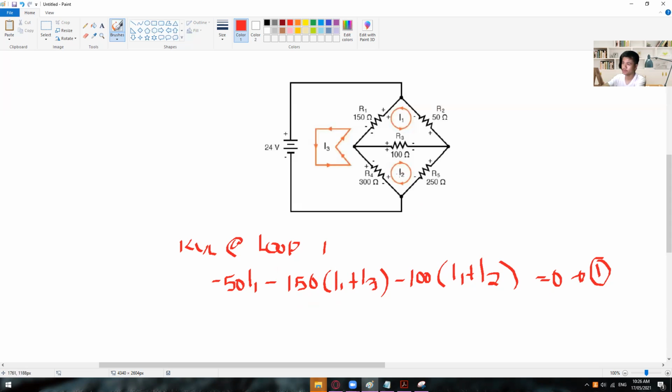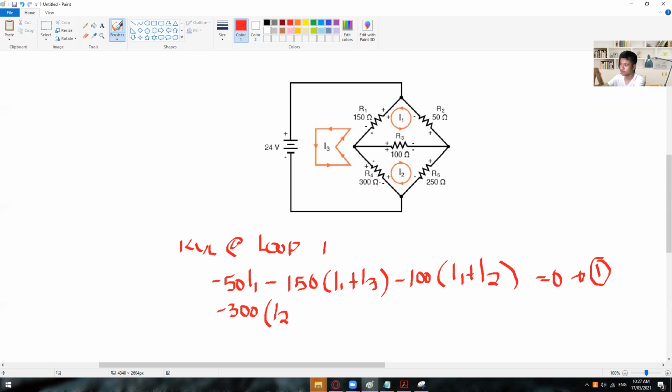So let's now go over equation number 2 for the I2. Let's start with R5 first. So we have positive, my bad. Okay, so we have this flow of current. Let's follow this flow of current with this one first. We have clockwise, so the leading part is negative. So negative 300 times I2 first, followed by another flow of current, which is I3.